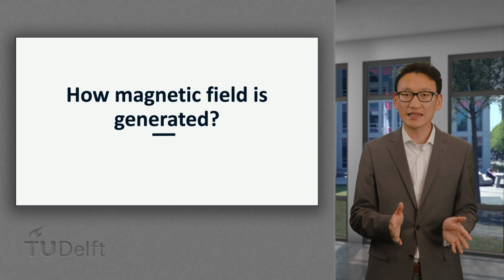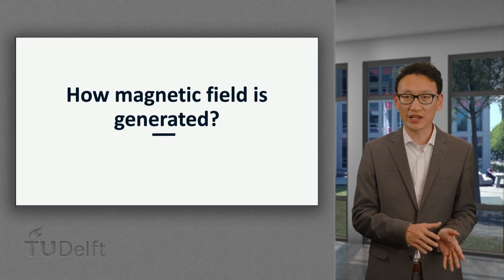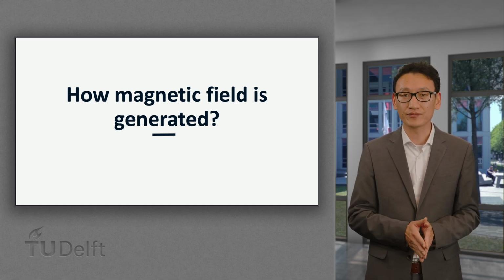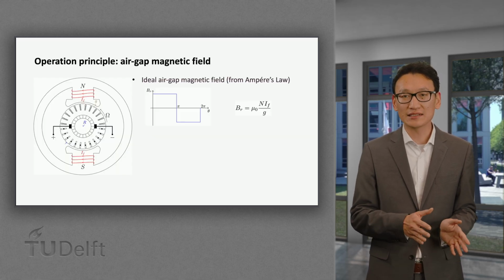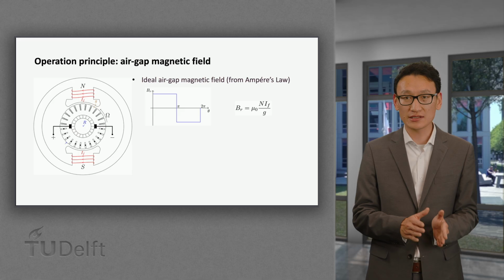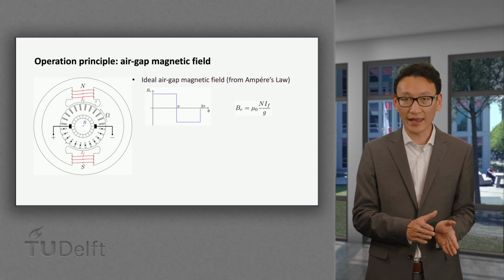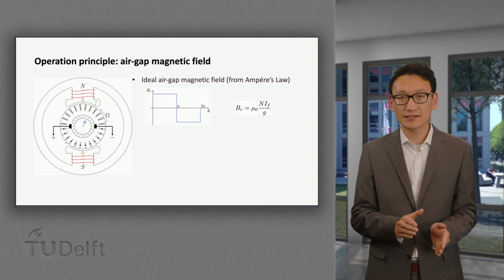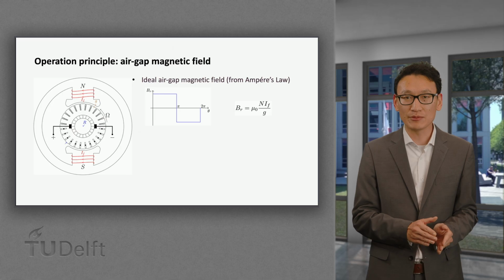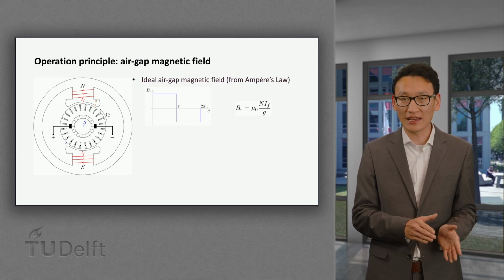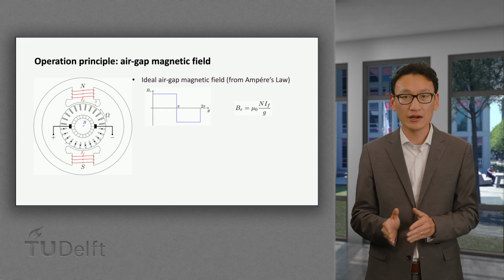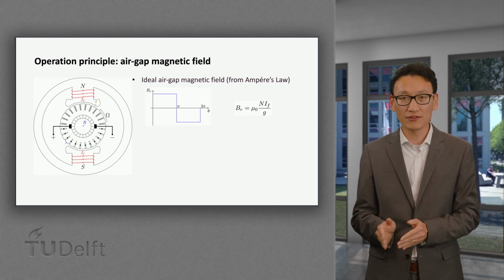Let's move on and see how exactly the magnetic field is produced by the field winding. By applying Ampere's law, we can see that if the number of turns of field winding per pole is N and the field current is If, with an air gap length g between the stator and the rotor, the magnetic flux density magnitude in the radial direction in the air gap would be given by this equation, where μ0 is the permeability of the vacuum.